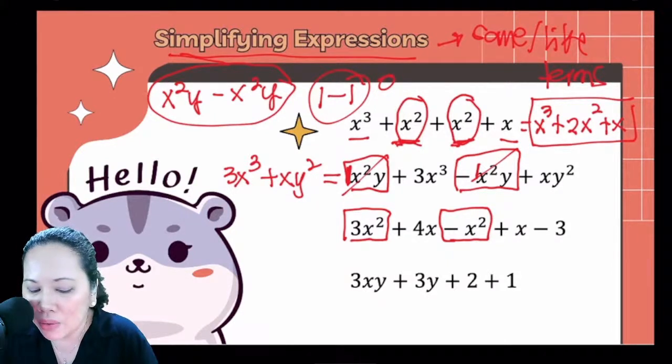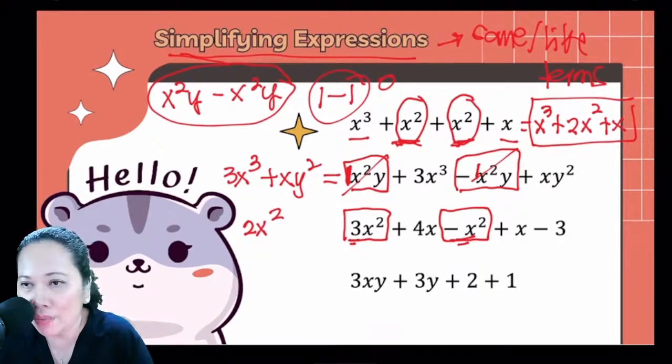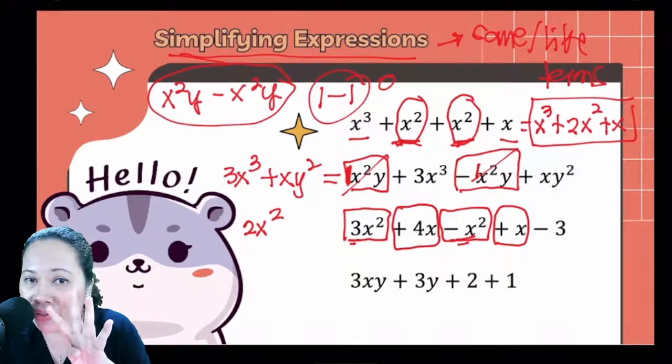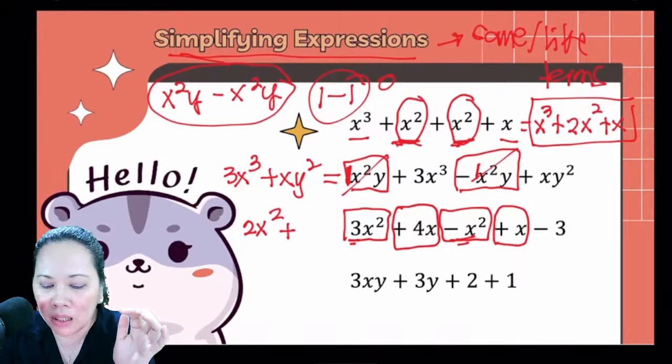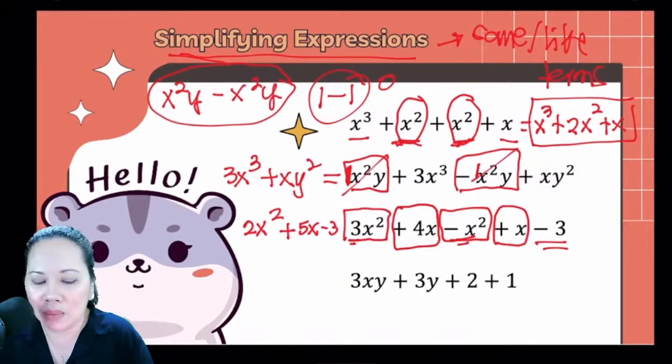So this is 3 minus 1, that is 2x squared. Okay, follow. And then you have a 4x plus an x. So that's a 4 plus a 1, that becomes plus 5x. And then just copy 3 because there's no other variable that has the same.